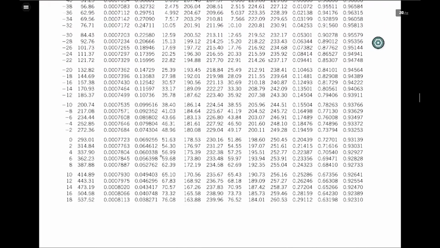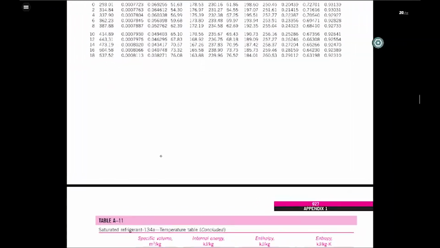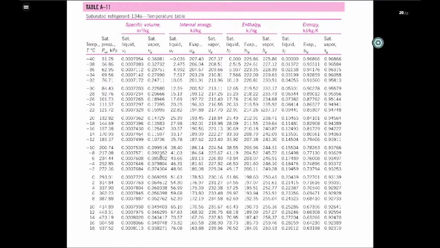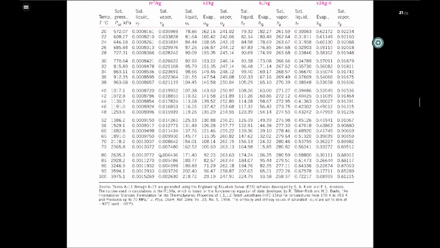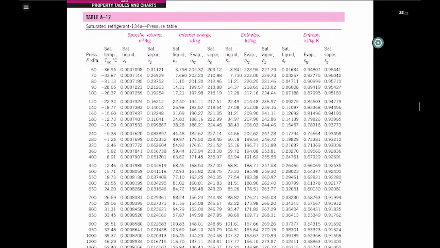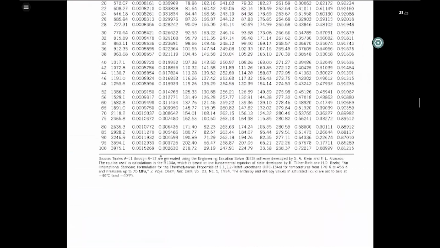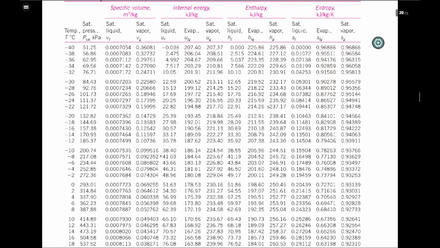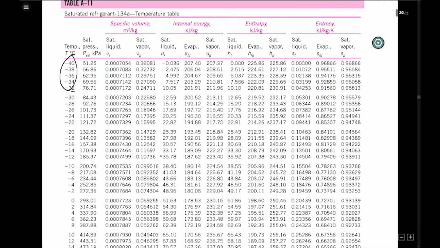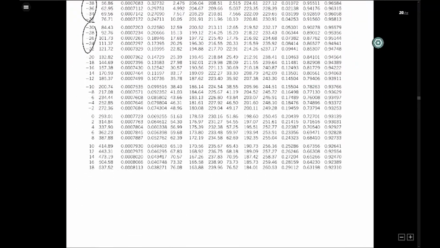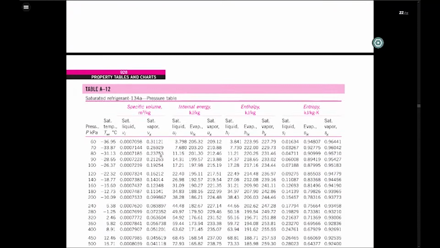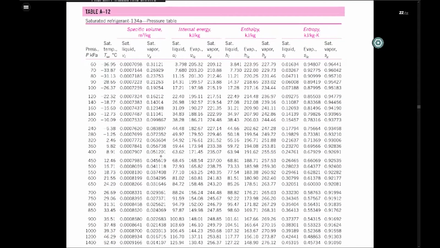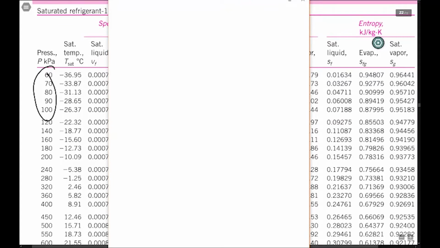Okay, so look at the 140 kPa. I can use this A11, or I can use A12. If you use A11, you will get round numbers based on temperature, nice numbers. But if we want to refer to pressure, better we look at the pressure table, which is A12, with round numbers 60, 70, and our interest is to find the enthalpy at 140.